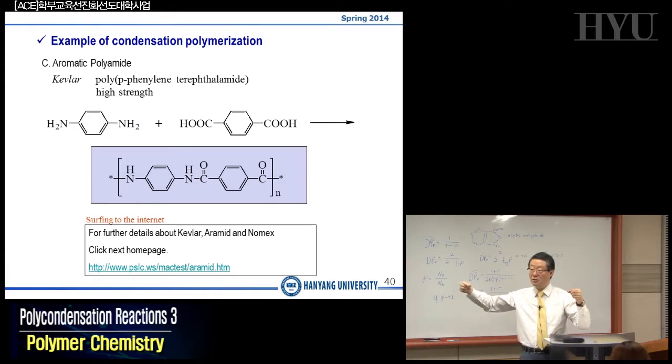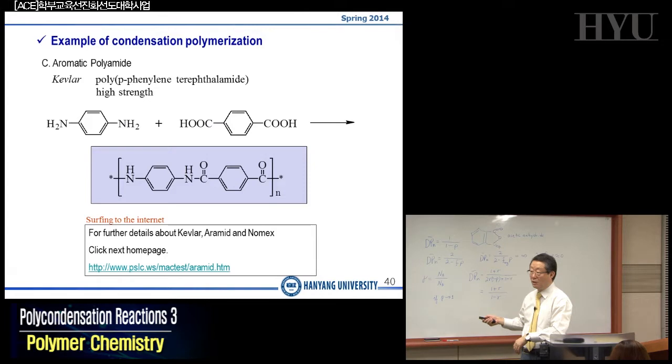Whereas if you put the amide group in the meta position here, it's a little bit of a kink structure. Okay, and the linearity is not formed, just like what you can see here in this case. So the para positioned group here can be a very rigid material, and you can make a very strong Kevlar plastic or fiber out of this aromatic polyamide.